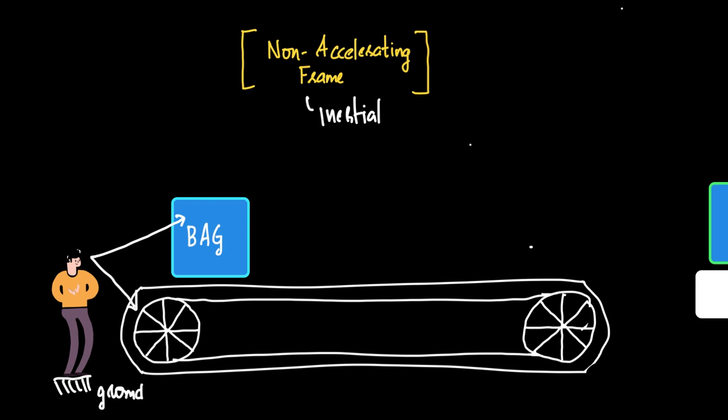Now, what does he measure here? Velocity of the bag and velocity of the conveyor. To be more precise, velocity of the bag with respect to where he is standing, the ground, and velocity of the conveyor with respect to where he is standing, the ground. I hope this much is clear.